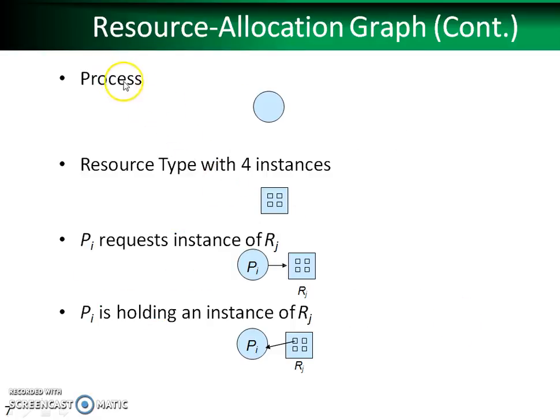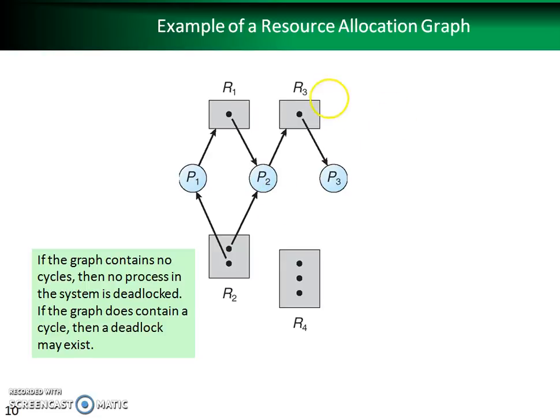Now, a process is represented by a circle node, and a resource is represented by a square node. The dots within the square denote the number of instances that are present. So this is an example of a resource allocation graph where P1, P2, P3 are three processes represented by circular nodes, and R1, R3, R2 and R4 are resources.